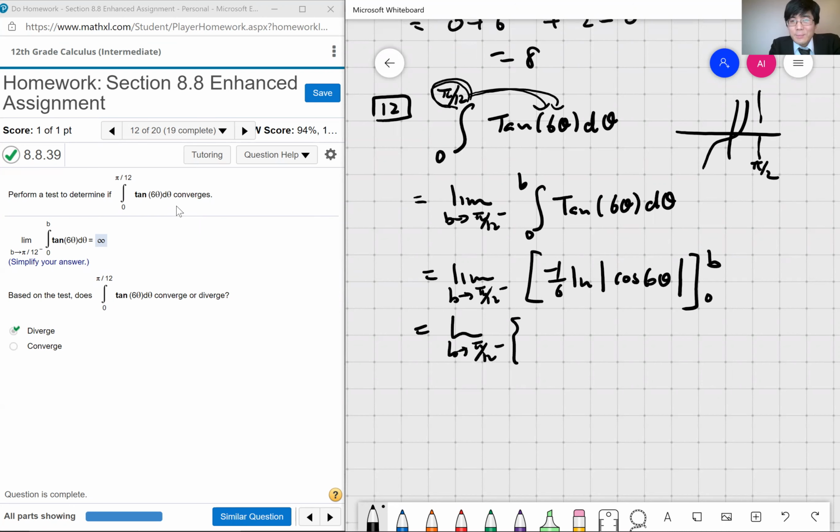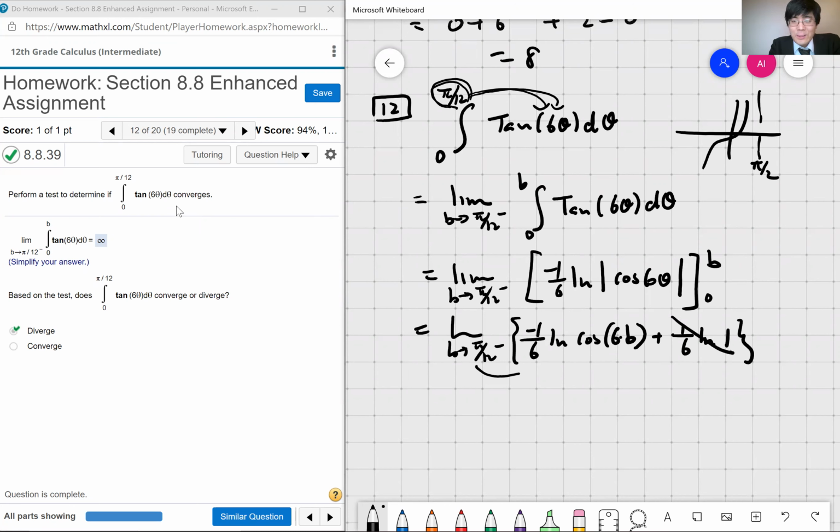Plug in b: it's going to be -1 over 6 ln cosine of 6 times b plus 1 over 6 ln of cosine 0. Cosine 0 is equal to 1. Ln of 1 is equal to 0, so this is gone.